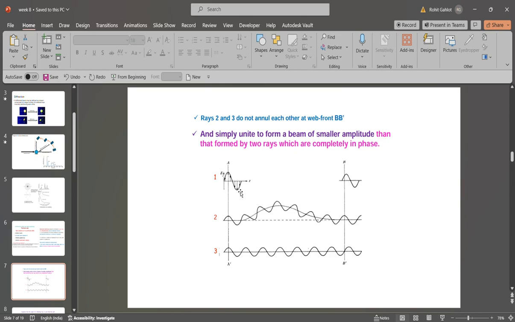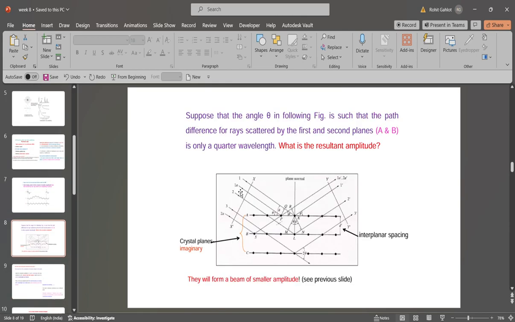This is particularly because of the difference in their path lengths. Now suppose that the angle theta in the following figure is such that the path difference for the rays scattered by the first and second planes A and B is only a quarter wavelength. Then what will be the resultant amplitude?